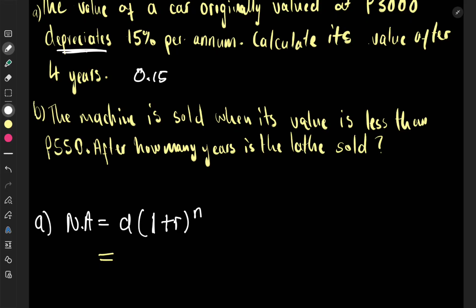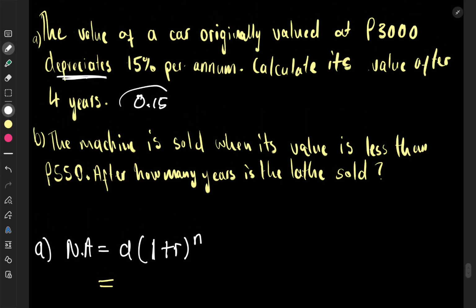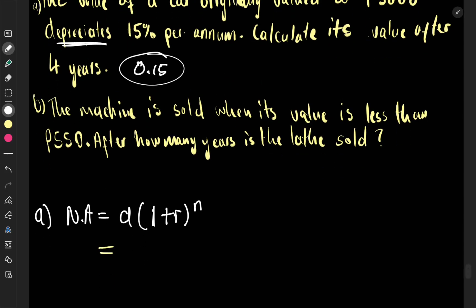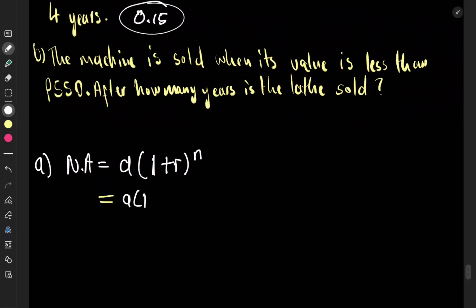But in this case, it's depreciating, so it should be a negative value. It's going to be A multiplying 1 minus 0.15, to the power of n, which is A multiplying 0.85, to the power of n.